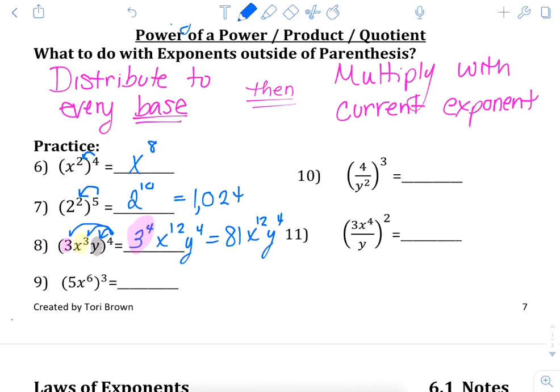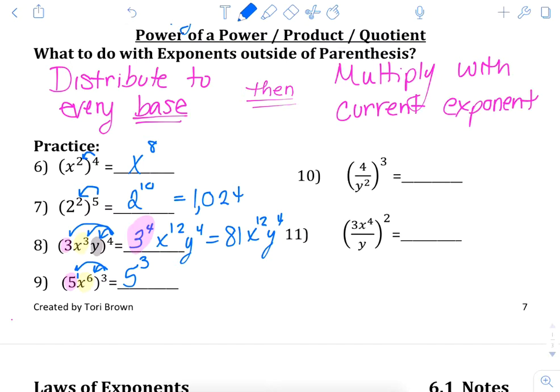Okay, let's do the same thing on problem 9. Problem 9, I'm going to distribute the 3 into all of my bases. Remember, I have a base of 5 and a base of x. The 5 does not have an exponent right now, so he is going to take the 3 as his exponent. If it's easier for you to think about the multiplication, you could say 5 to the 1st power, and then 3 times 1 is 3. Okay?